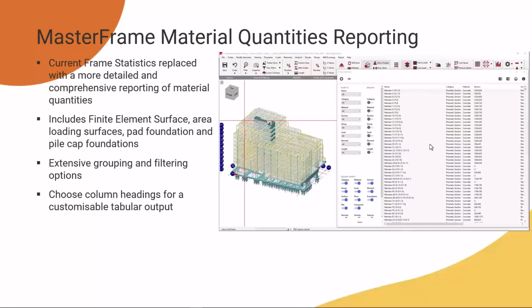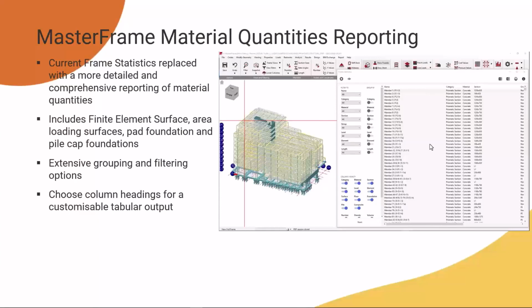However, our MasterFrame material quantities expands this notion to also include finite element surfaces and area loaded surfaces. For the area loaded surfaces, you can do things like specify your deck profile and the thickness of your concrete, and from that all of the material quantities of the floor surfaces can be determined.